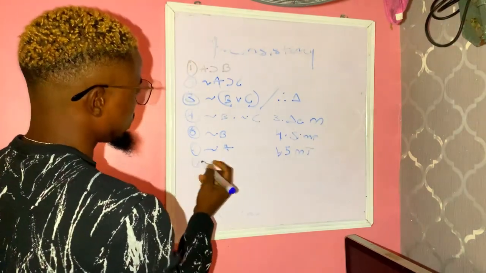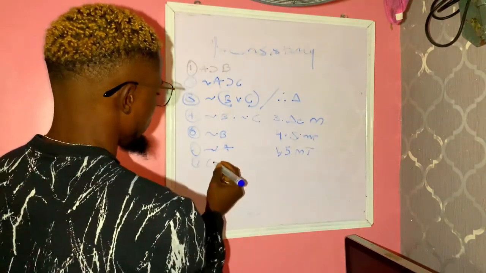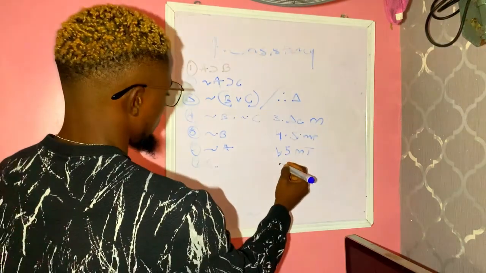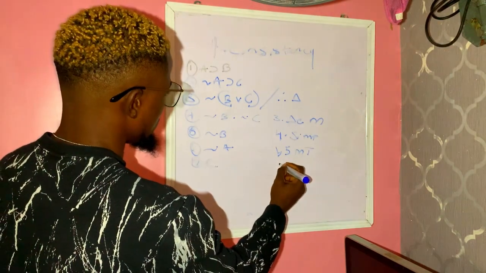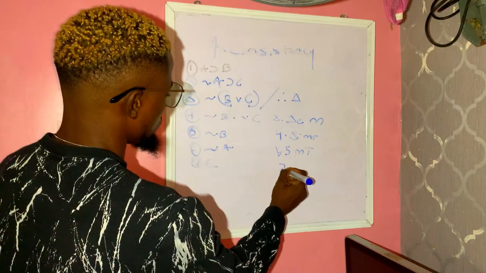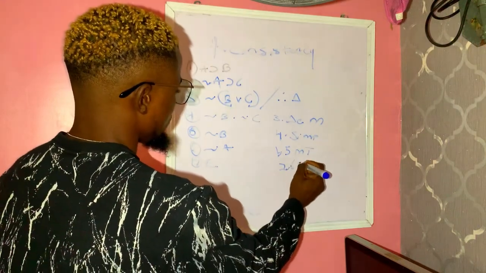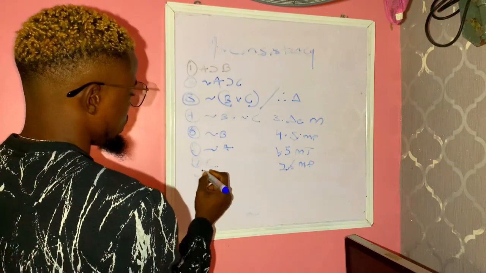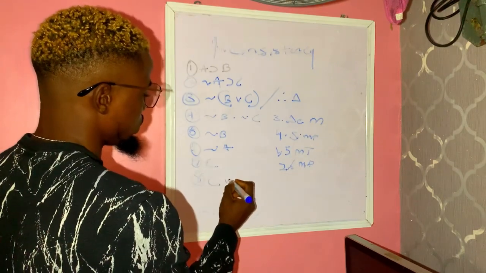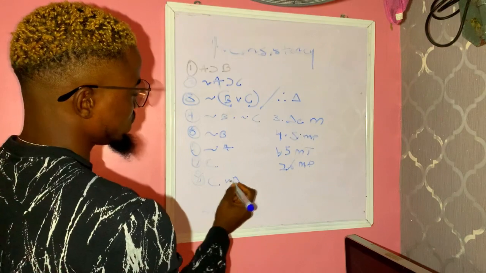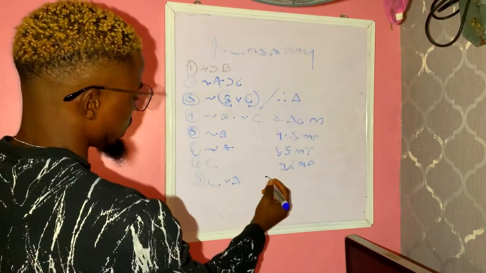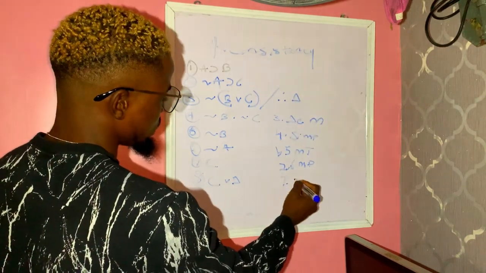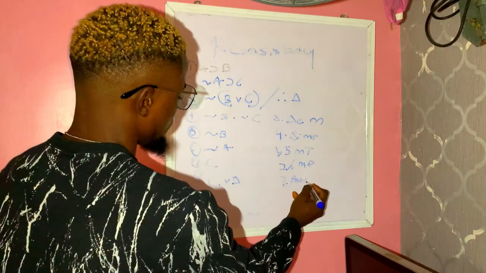Then line 7, C, 2 and 6, modus ponens. Then 8, C or D. That is, I'm using addition to bring in this variable that is lacking. So I'll say 7, addition.